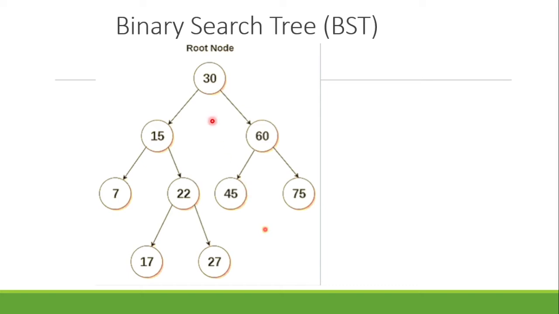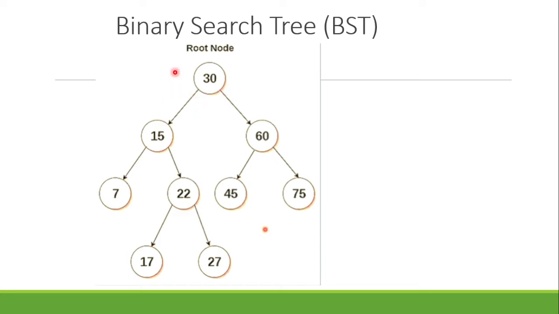So if we consider the root node, it is 30, and all the nodes in the left subtree have a value lesser than the root node. Look, 15 is lesser than 30. 7, 22, 17, 27, all these values are lesser than the root node.